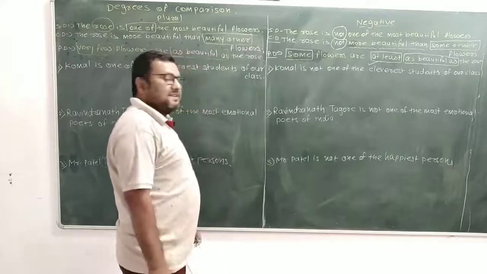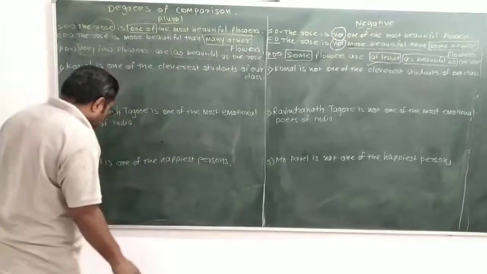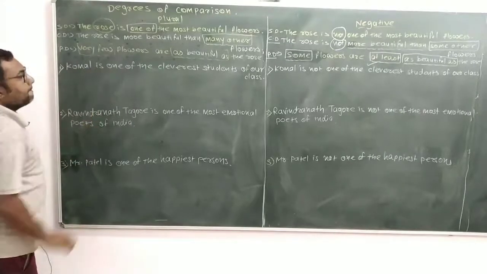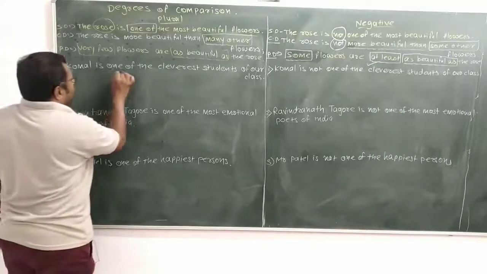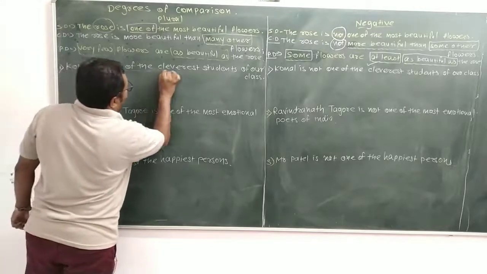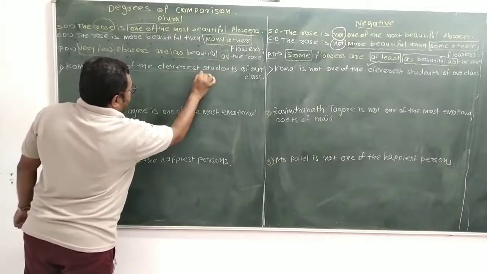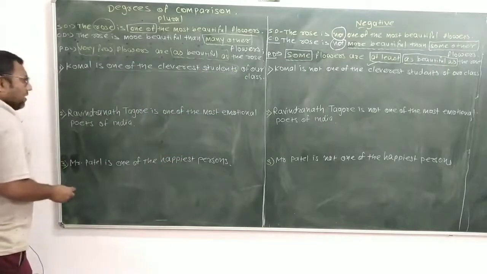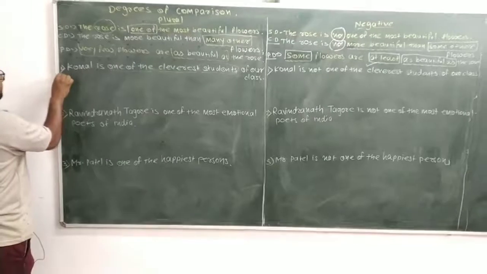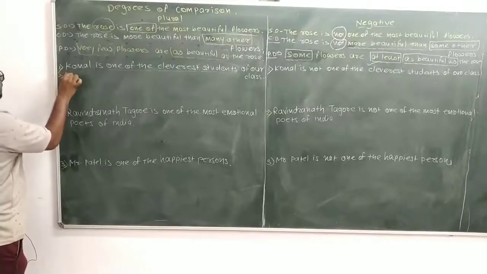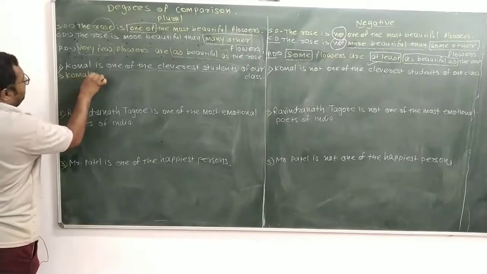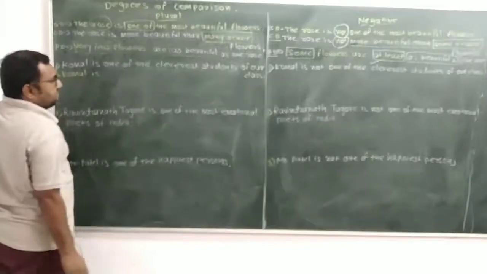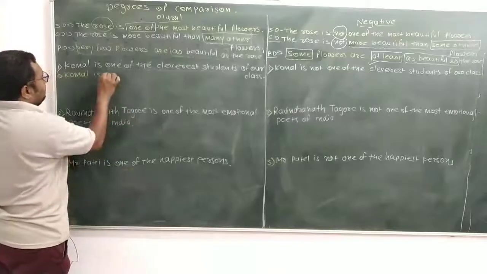Okay, so let's see the example. First of all, you know very well that now we are going to make comparative degree. Komal is one of the cleverest students. So what is Komal? That is student. Now how to make comparative degree? Komal is, remove "one of the". What is the comparative of cleverest? Cleverer.